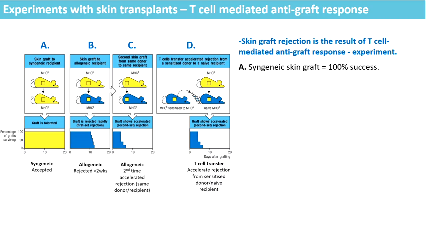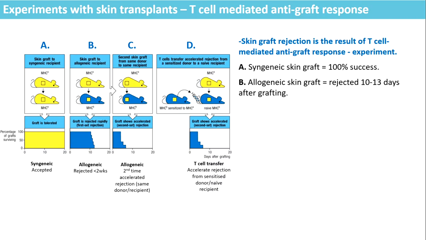So we've got a syngeneic graft between identical individuals, and we get the graft being fully accepted and 100% tolerance and no rejection. In B, we've got an allograft, so we've got genetically distinct individuals. This is where we're going to get acute rejection. So you see after about 2 weeks, we start to get rejection of the graft.